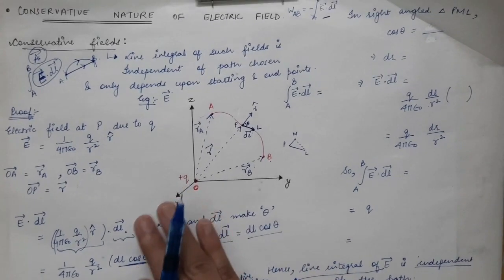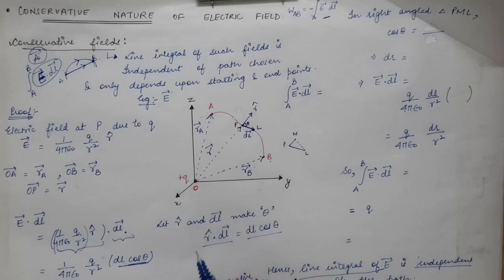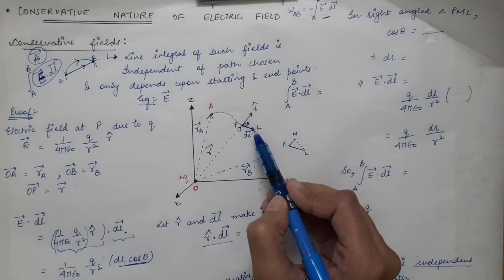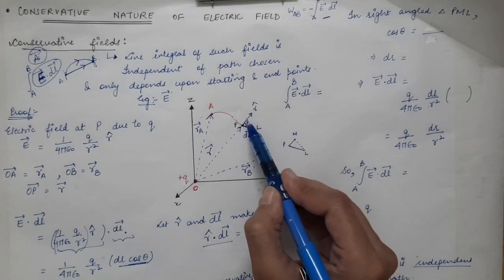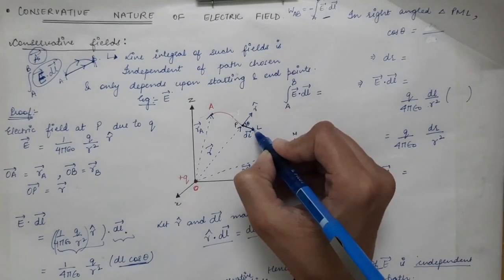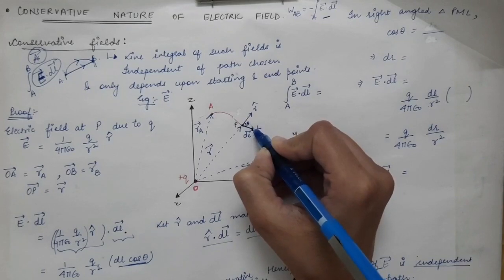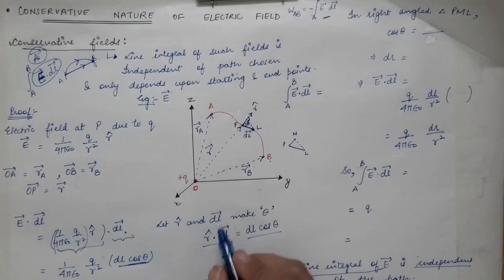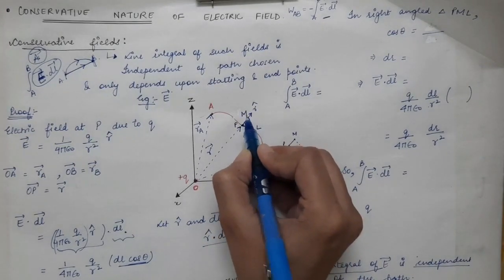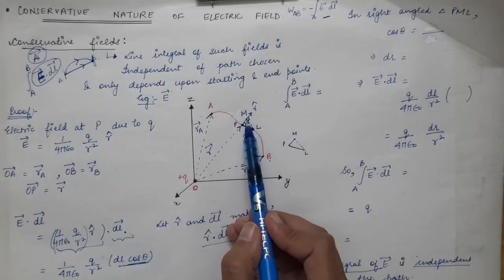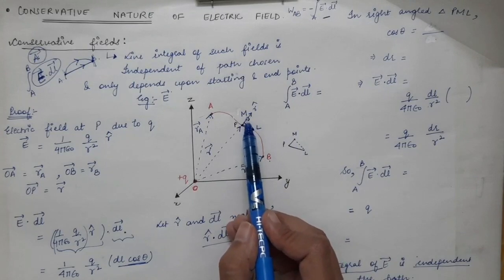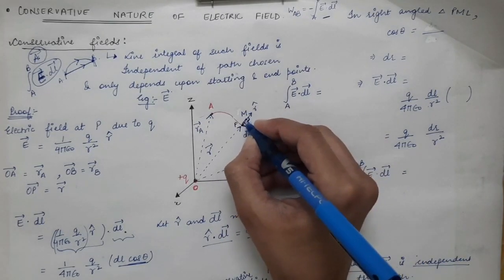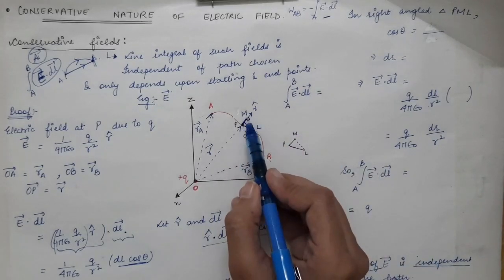Now we are going to take a small triangle and use trigonometry. We will draw a perpendicular from point L on this R cap direction. Let's say this point is capital M. This perpendicular touches the R cap direction at point M. What will be this distance PM?